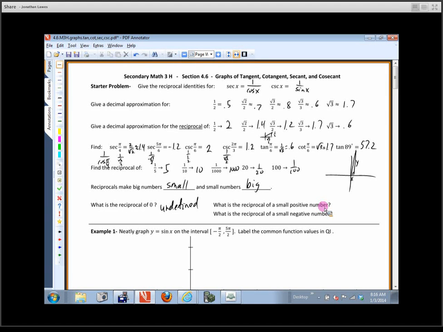So it's still positive, but the reciprocal of a small number is a big number. So if I say, what is the reciprocal of a small positive number? You're going to say it's a big positive number, right? And what's the reciprocal of a small negative number? A big negative number.